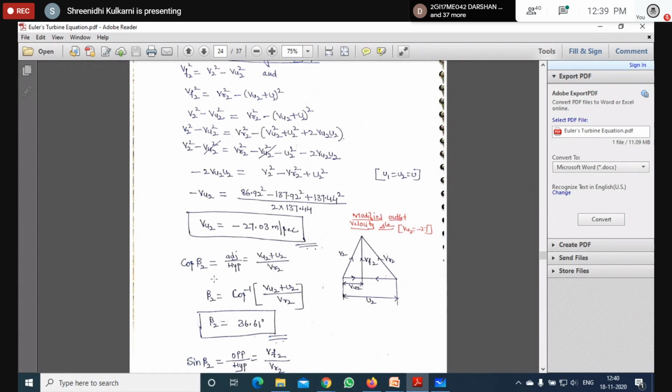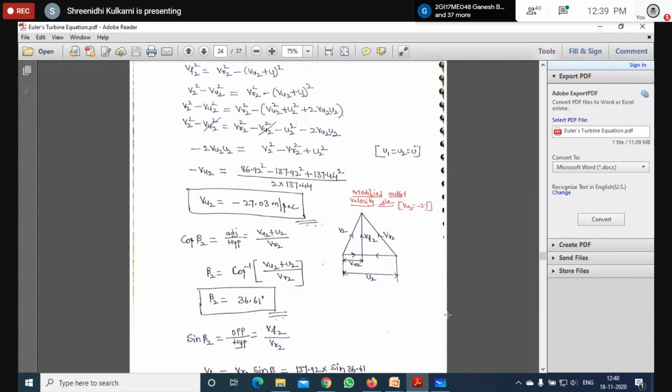So cos beta 2 is adjacent by hypotenuse. Here I made a mistake: instead of taking negative, I took positive, so please make the correction. It is adjacent by hypotenuse. What is adjacent?